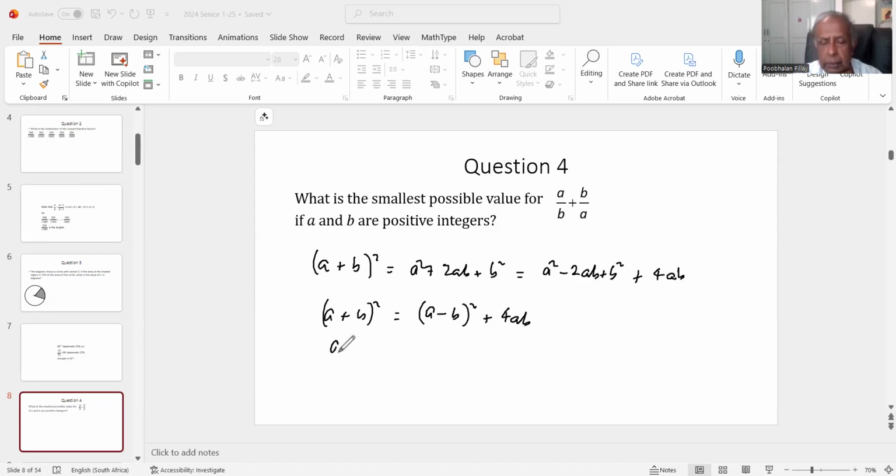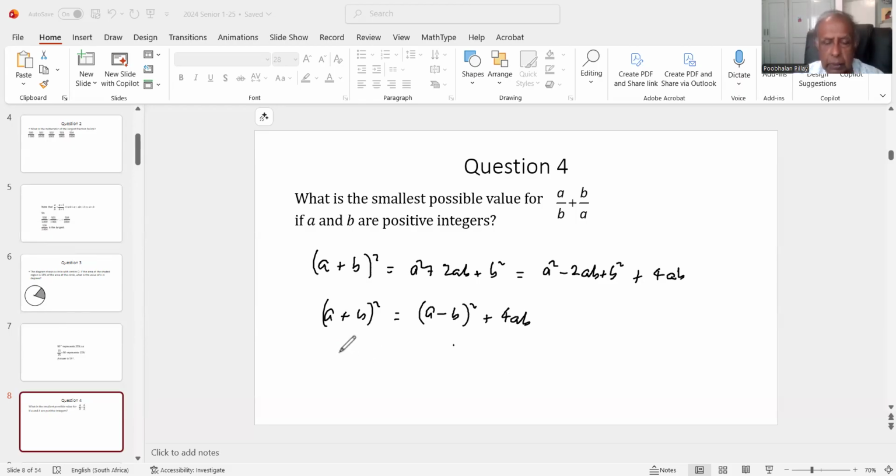And similarly, (A minus B) all squared. This is even more useful, is (A plus B) all squared. The one that I'm looking for is this one, the same thing that we have used just now.